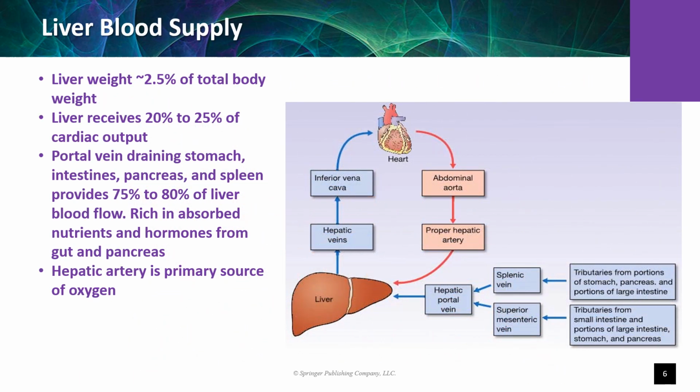There are two vascular streams that supply the liver with blood. The hepatic artery branches from the abdominal aorta, providing fully oxygenated arterial blood to the liver. The portal vein combines the venous drainage of many of the abdominal organs, and it makes up roughly 75 to 80% of the liver's blood flow, with blood that is rich in nutrients after meals, but this blood is oxygen poor.